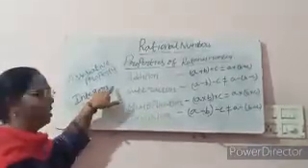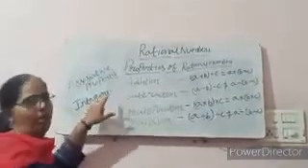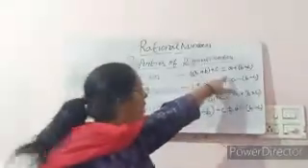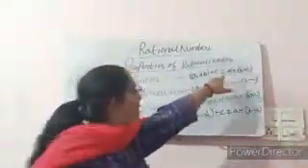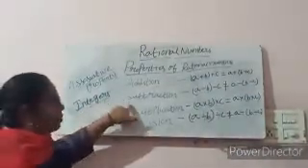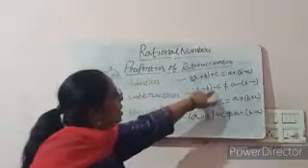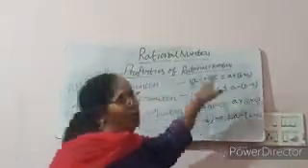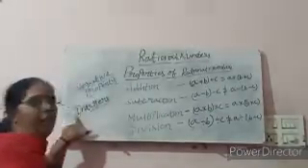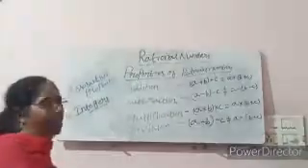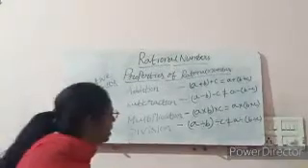Now we will see the associative property in integers. It is also same as addition of whole numbers. So (A plus B) plus C is equal to A plus (B plus C). That is also satisfied in integers. Coming to subtraction, (A minus B) minus C is not equal to A minus (B minus C). Now coming to multiplication, it is also same.